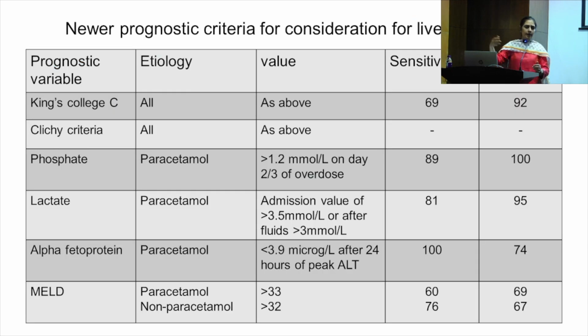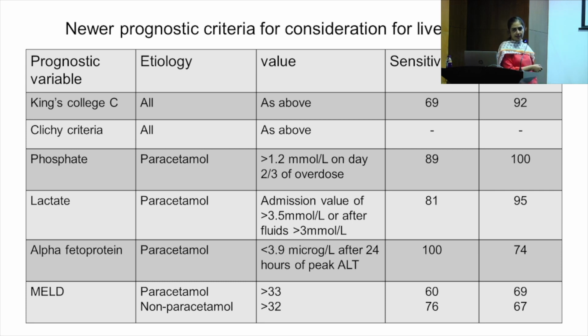There are several other newer prognostic criteria that have come forth apart from the King's College. Let us take a few moments. Your King's College criteria, the BRiCC criteria, phosphate can be used, lactate, your alpha fetoprotein level, and sometimes even your MELD score can also be used for prognostication. But these are more for paracetamol.